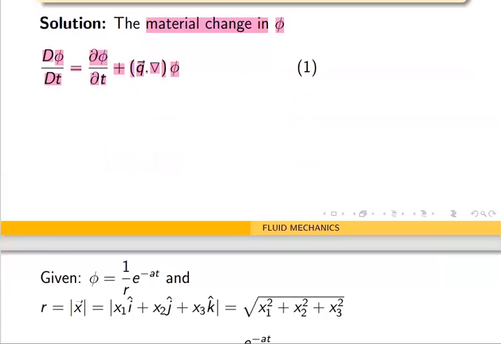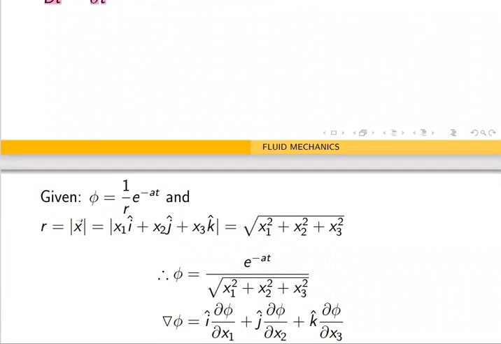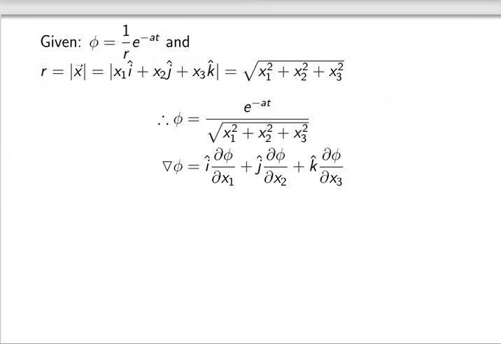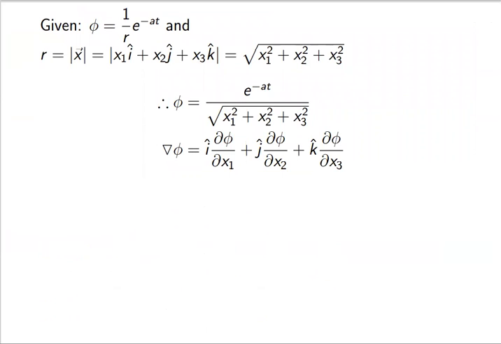They have given phi, so let us write it. Phi equal to 1 by r e power minus at. And what is r? R is the modulus of x, that is, the modulus of the vector x. The vector x is x1 i plus x2 j plus x3 k.